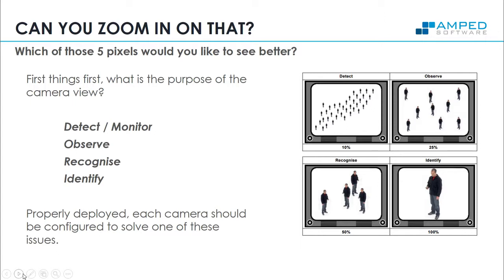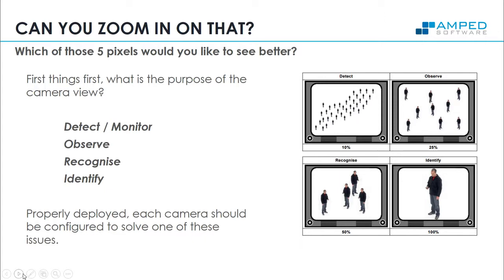And the percentage that you see on the screen here, that is the percentage of the screen that the thing that you're interested in will occupy. So if I'm interested in identifying something, then 100% of that view should be dedicated to identification. Right? Otherwise, 50% gives you recognition. It's not something that I can prove, but if you know the person in the footage, you might be able to say, yeah, that's the person that I know, right?